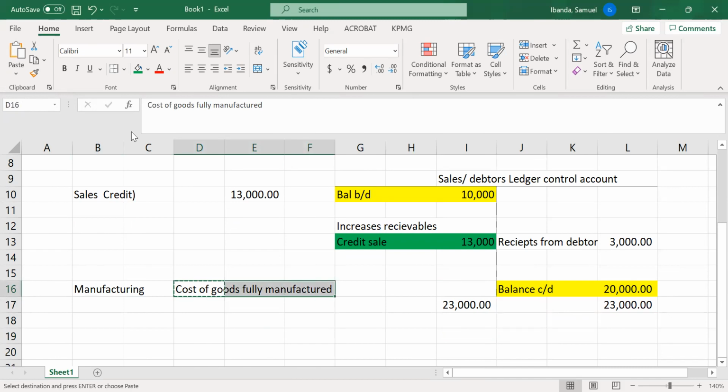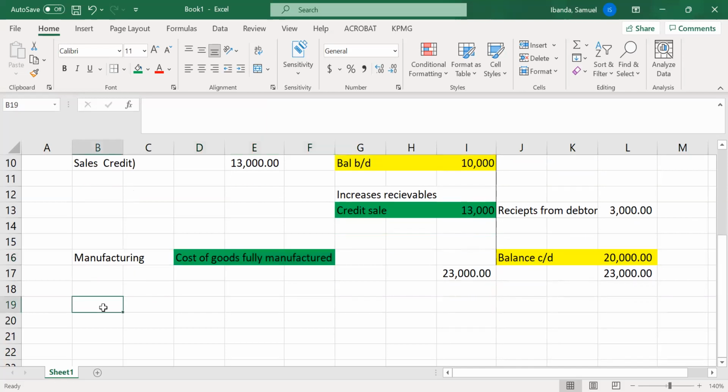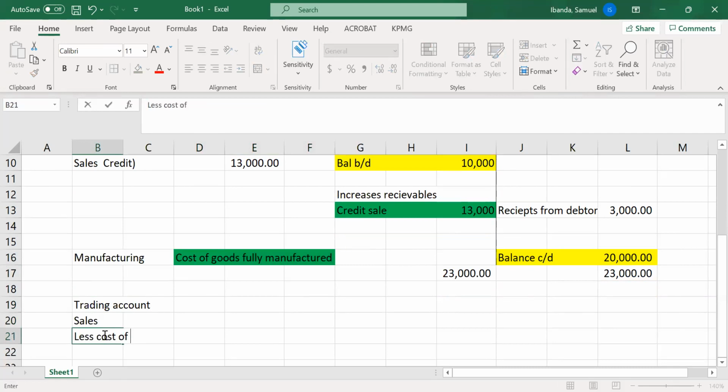This cost of goods fully manufactured replaces your purchases, because when you go to your trading account, you start with your sales and less your cost of sales.